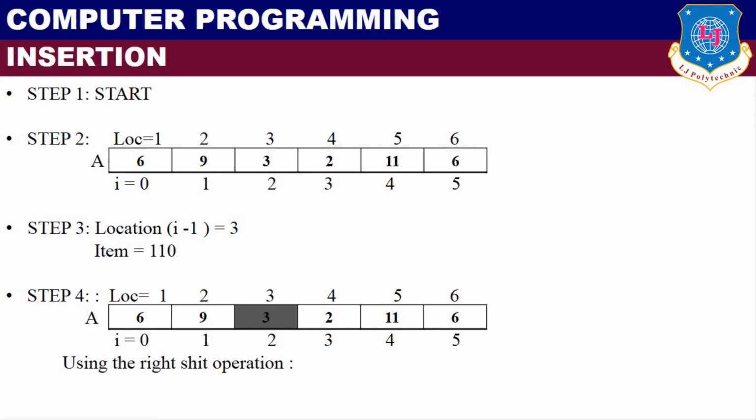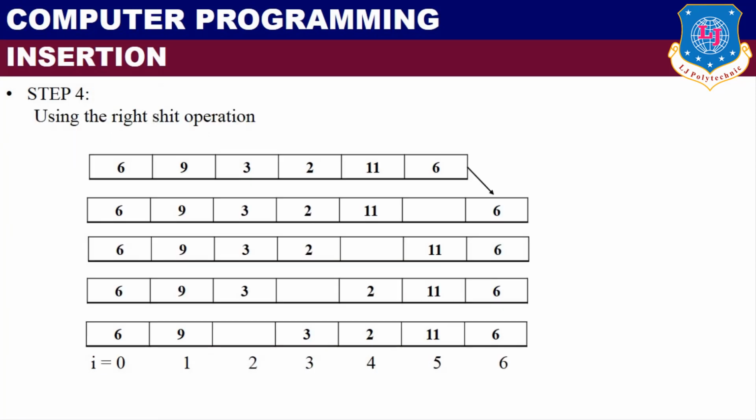So here you can see we have to shift the elements to the right side. First, using the right shift operation, we will shift the value 6 to the right, then the next one 11, then the next one 2 and the next one 3. So we have a spare space here.